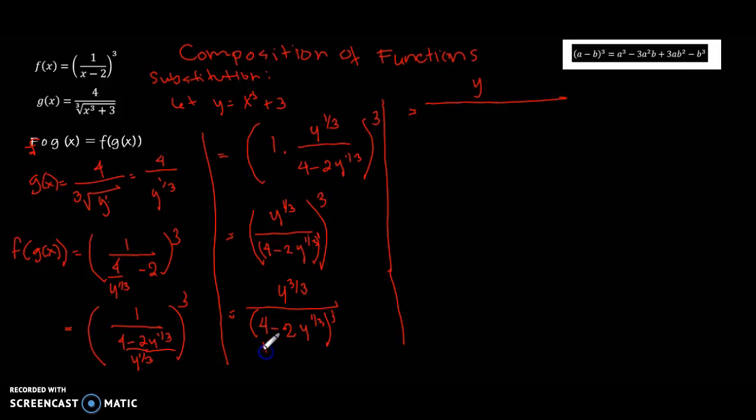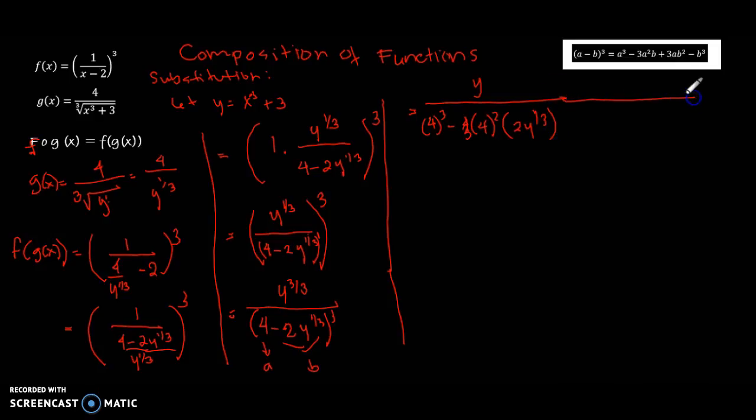This is your a, this is your a, and this is your b. All right, so this is your formula right here. I wrote it. Okay, so you have a cubed, 4 cubed, minus 4, oh, not 4, but 3, 4 squared, and then your b is 2y to the 1/3.